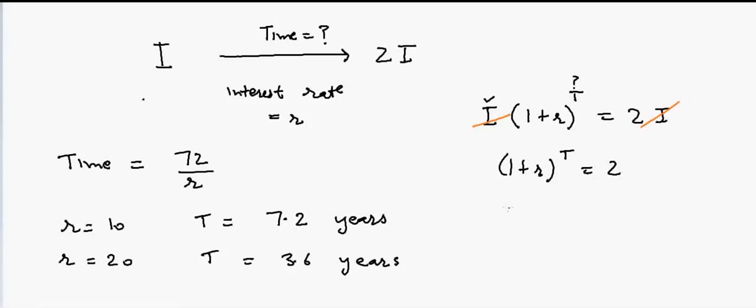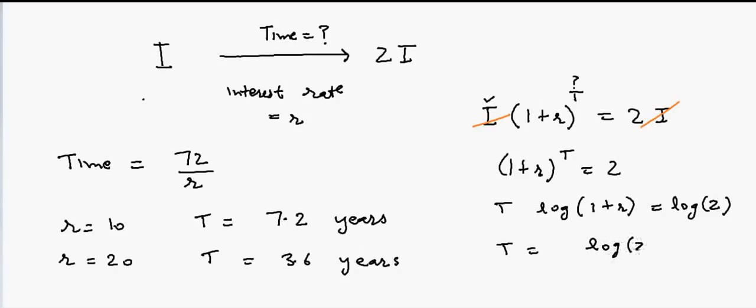Further, if you take log on both sides, it will be t times log of (1 plus R) is equal to log of 2, or t is equal to log of 2 divided by log of (1 plus R), right?